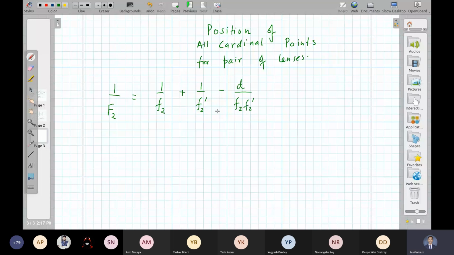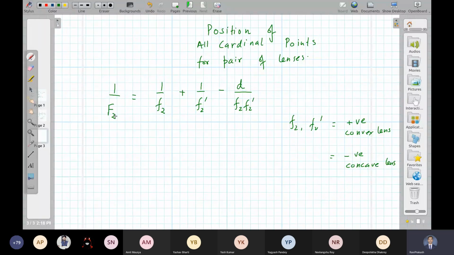Okay, so if small f2 is positive, it means we are actually talking about a convex lens, and if these numbers are negative, then it's a concave lens. Similarly, if after putting all the numbers, capital F2 comes out to be positive, it means this whole combination is going to work as a converging lens, meaning a convex lens.